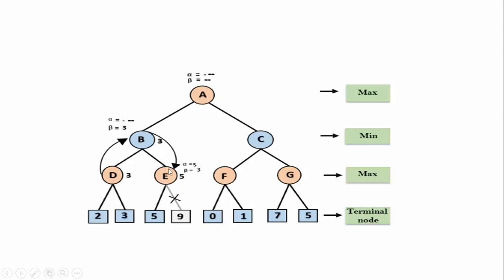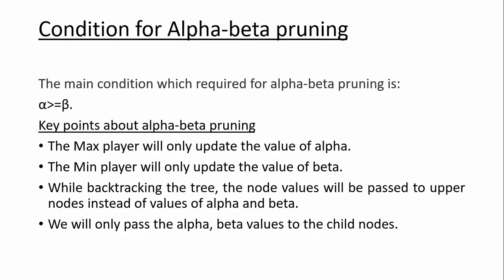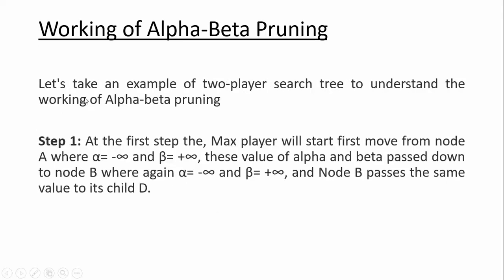So I am going to move to the left node. Then for alpha, I am going to compare minus infinity with 5. What is the maximum value? 5 is the maximum value. So here only we are going to check the condition. What's the condition we have to check? Initially I told one condition to you guys. If alpha is greater than or equal to beta, you have to prune the tree.